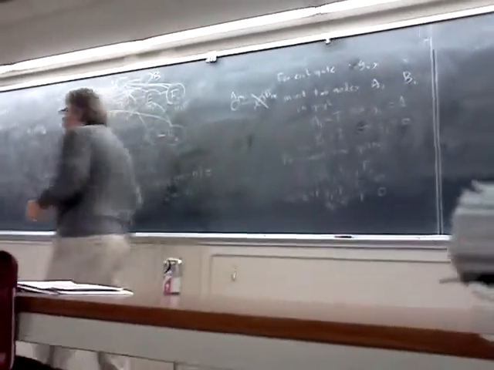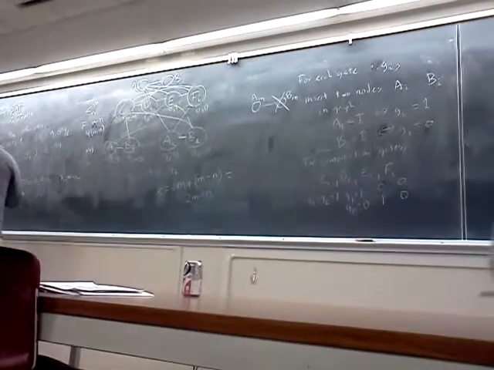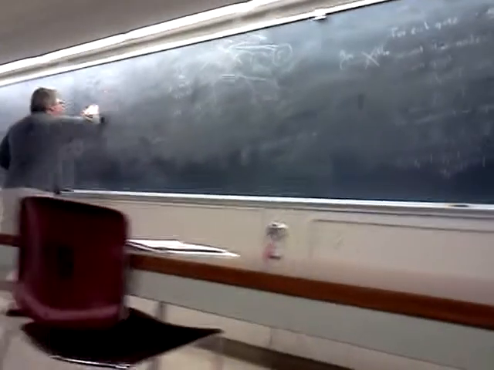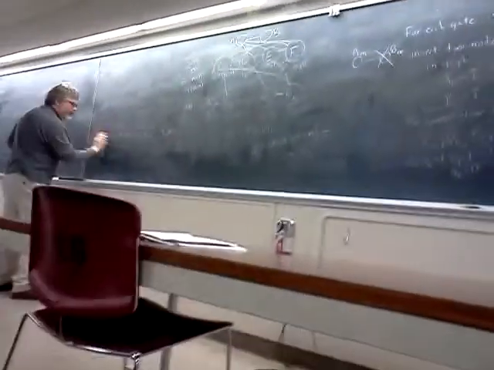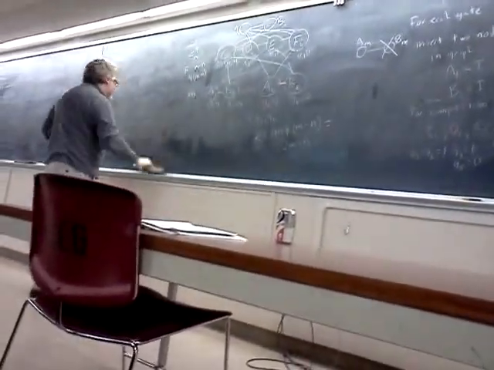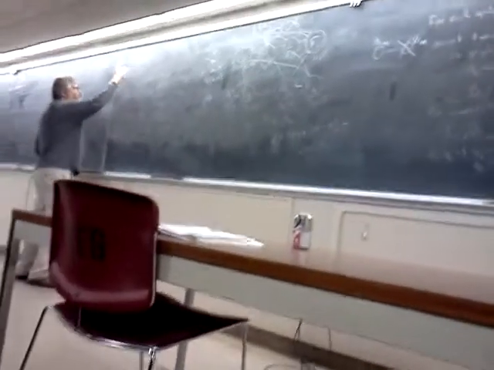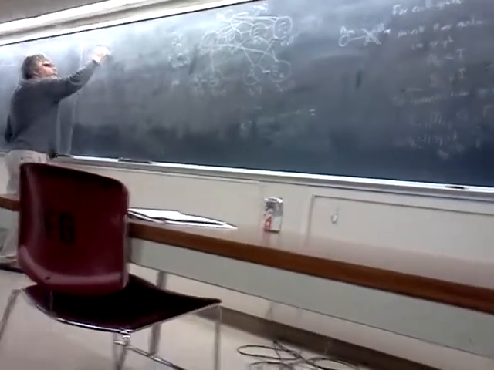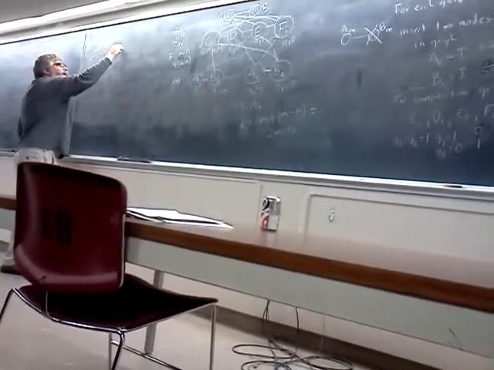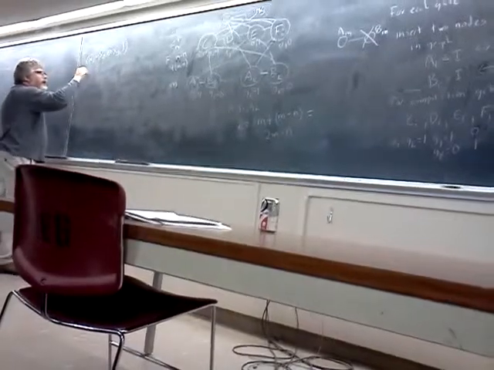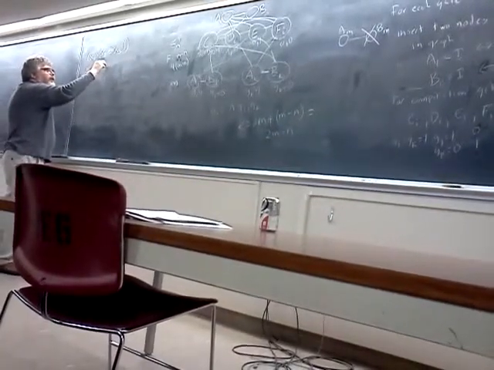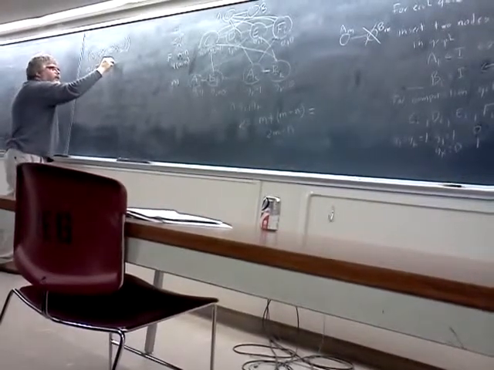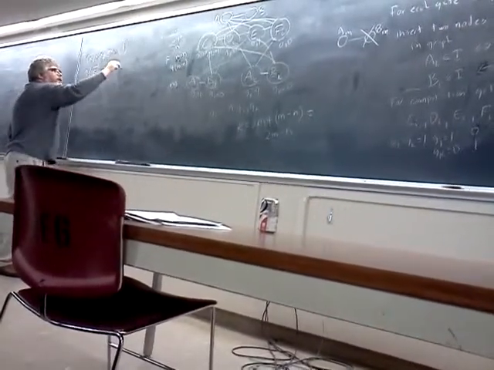So maybe I should just give a small example. The problem is that it gets a little messy even for small examples. So let me just see how it works. Let's say that the formula is x1 or x2, parity x3, and x1 or, and not x1 or x2.